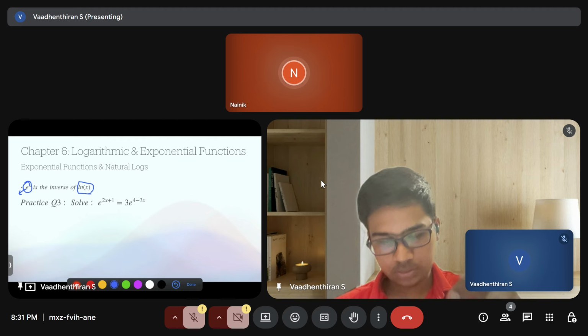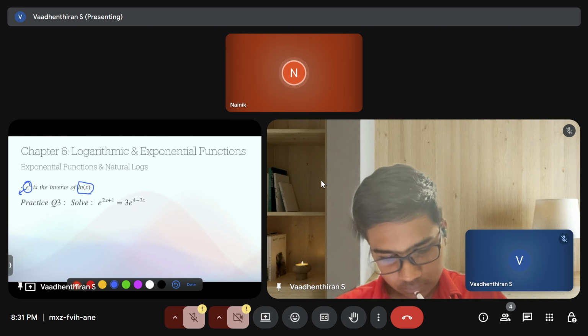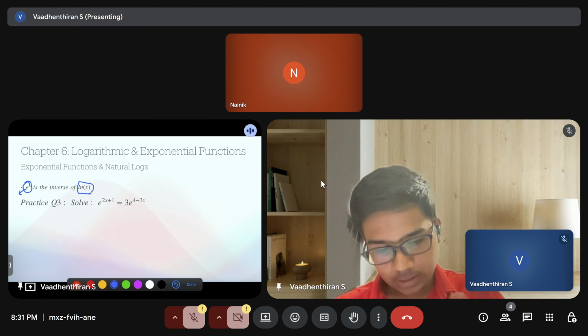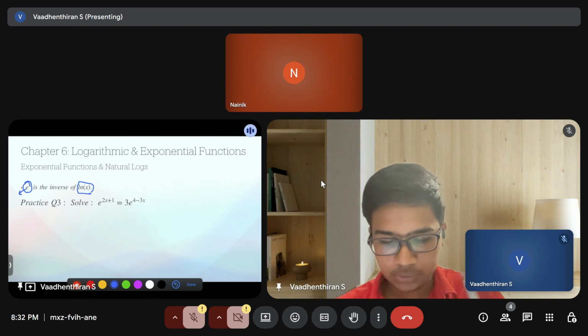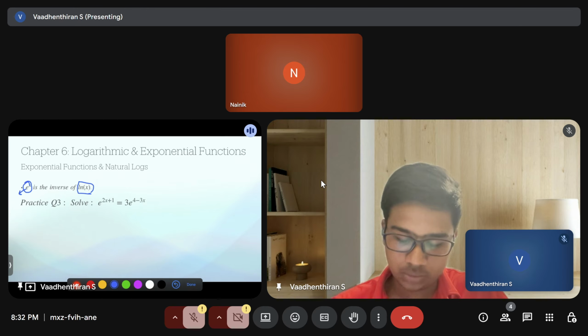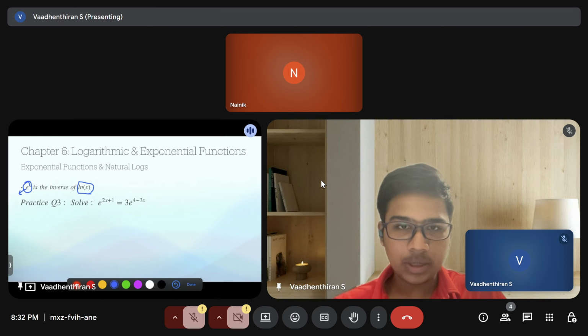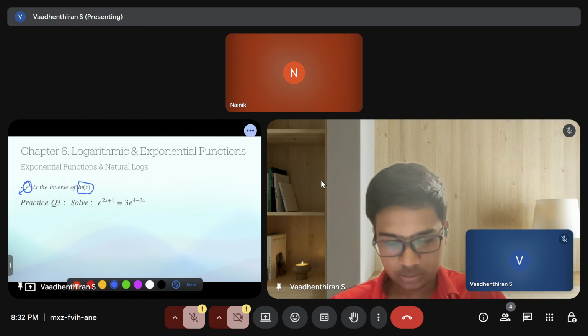Maybe you can try. e to the x is the inverse of ln x, that's the concept. So if you want to move it to the right hand side, you put ln or e to the power x, depending on the situation or the question.